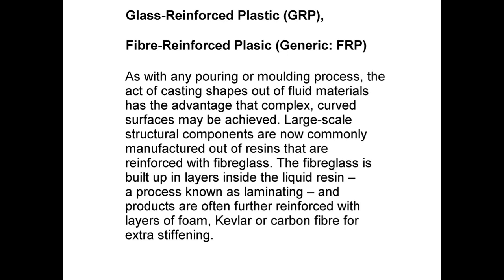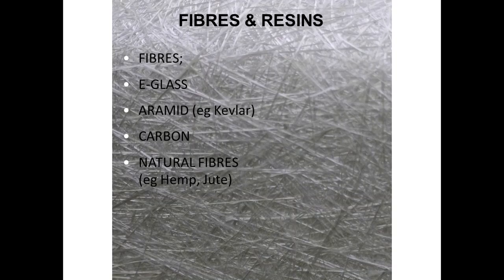The fiberglass is built up in layers inside the liquid resin, a process known as laminating, and products are often further reinforced with layers of foam, Kevlar or carbon fiber for extra stiffening. Now, we've come across laminating, of course, in other materials contexts. It is a way of stiffening materials, building up in layers rather than producing one solid. That in itself is interesting.